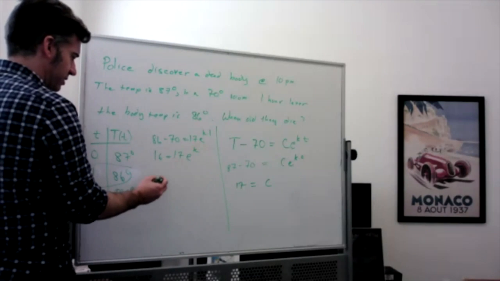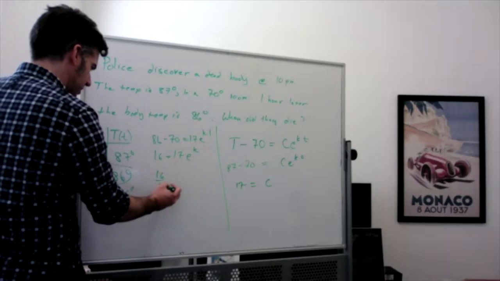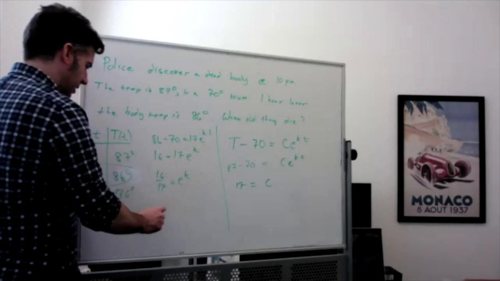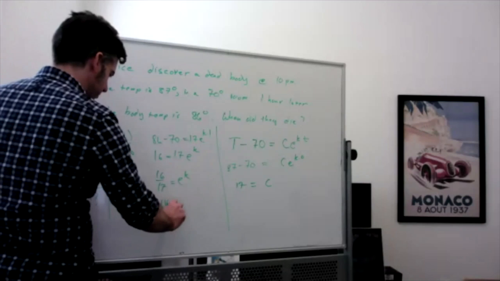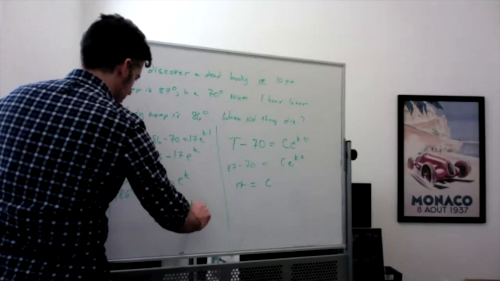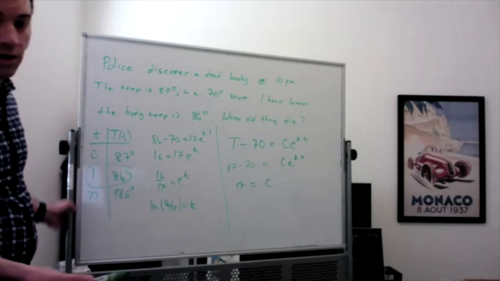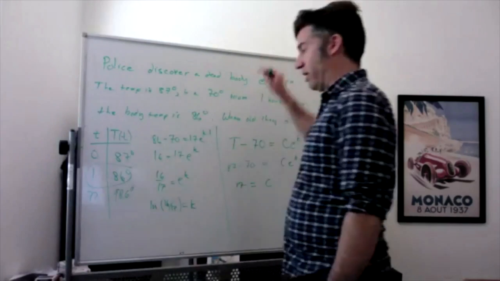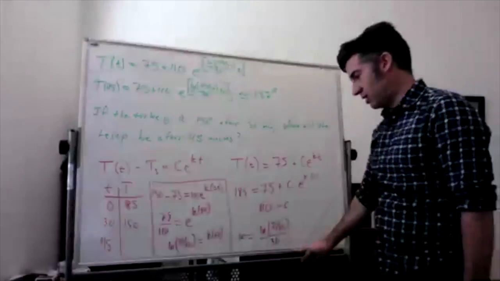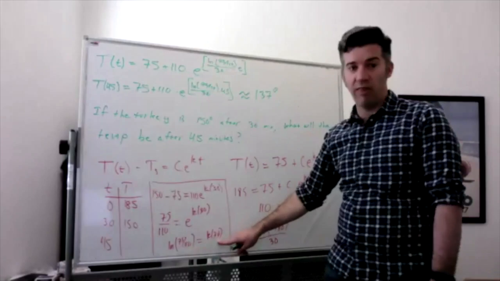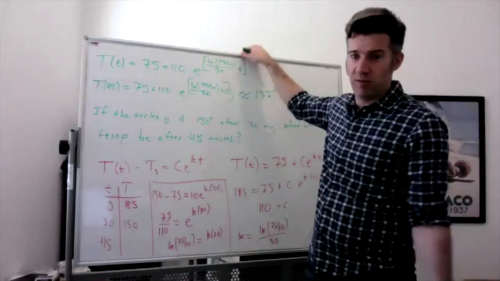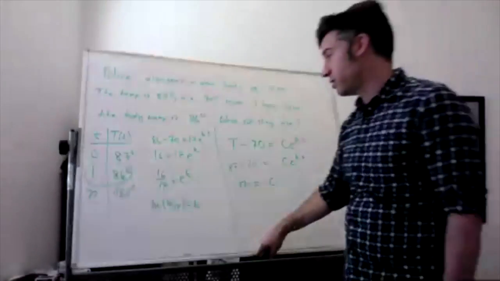Divide both sides by 17, you get 16 over 17 equals e to the k. Take the natural log of both sides. Here it was a little easier than before because the coefficient of k was just 1. In the previous problem, after we took the natural log of both sides, we also had to divide by that 30. Here we don't have to do that because we're plugging in time equal to 1.